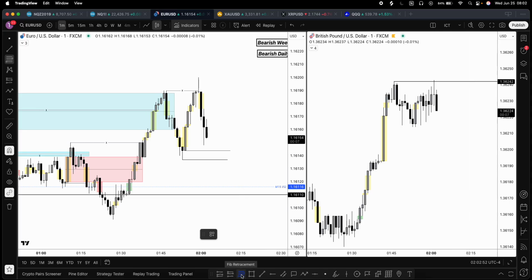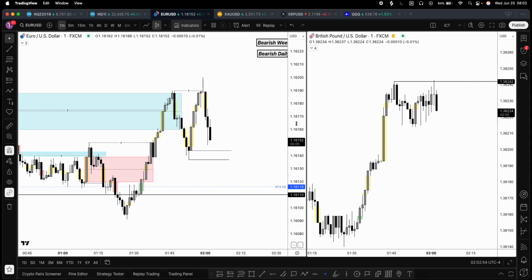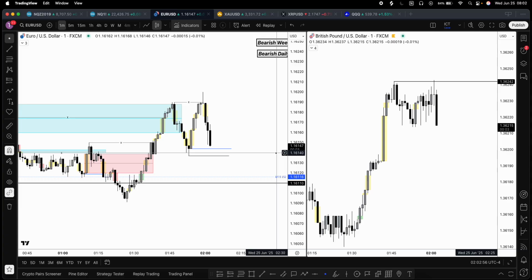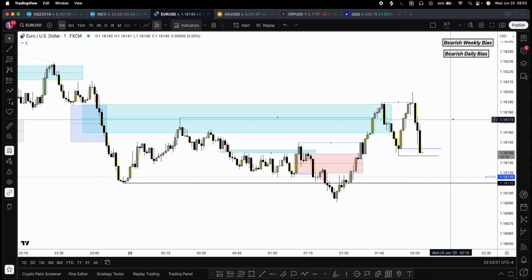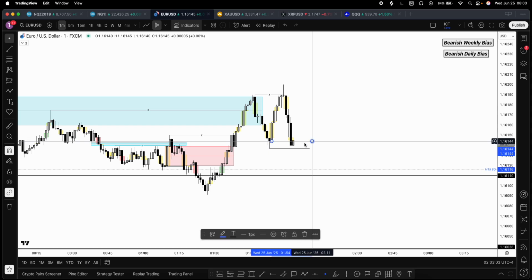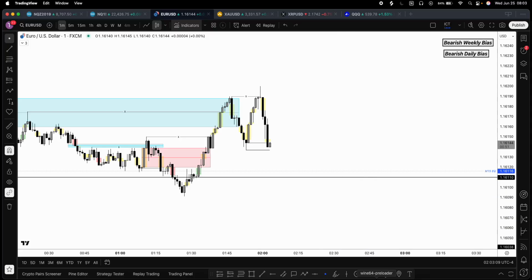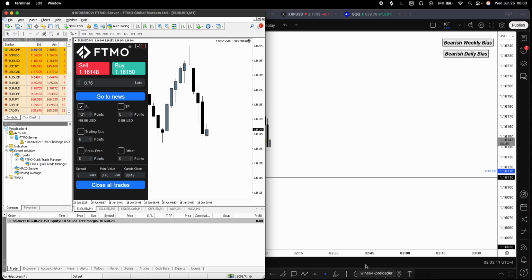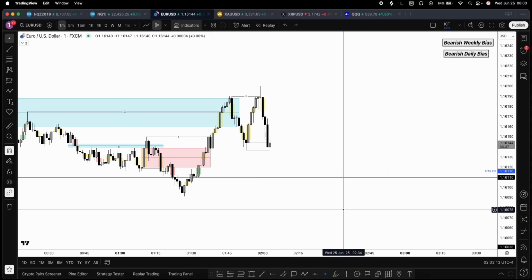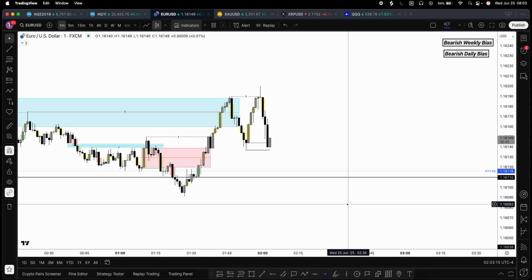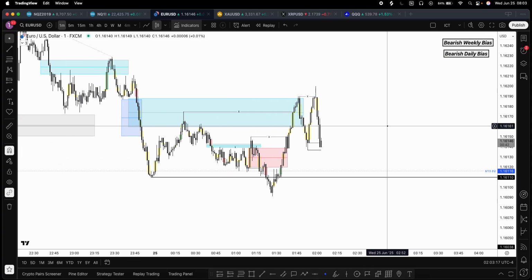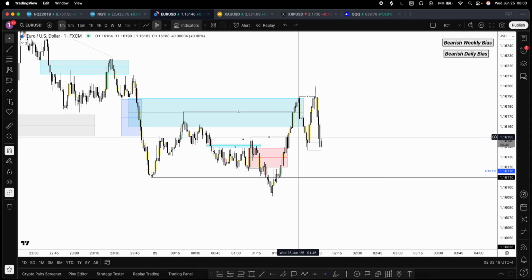Once that happens, this comes into our entire analysis. So it's closed below the blue line, that's good. Now I just needed to break the black. So this basically comes into our whole analysis we've been doing in the previous video where I want to go short.